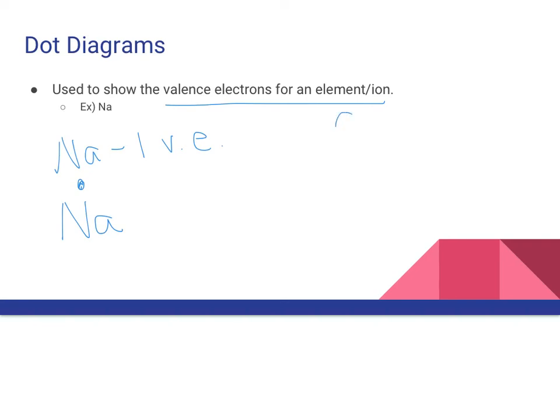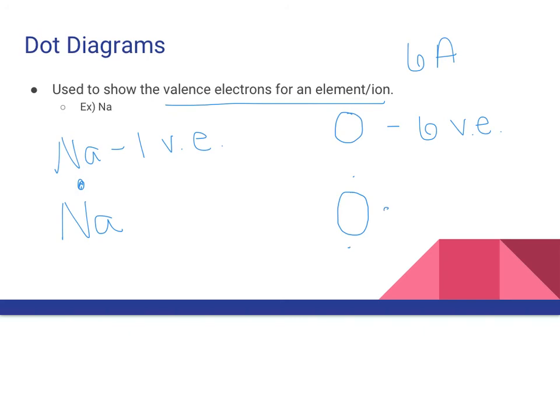If I were to look at something like oxygen, if I look at oxygen on my periodic table, I will see that oxygen is found in group 6A. So that means it has 6 valence electrons. So if I were going to draw the dot diagram for oxygen, I would draw the element symbol. We want to think about it as sort of being in a box, so we're going to put 1 dot on every side first.